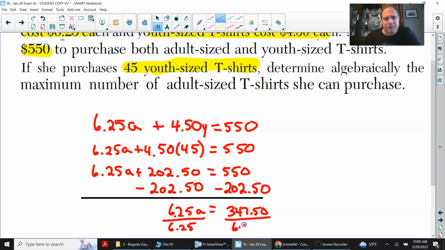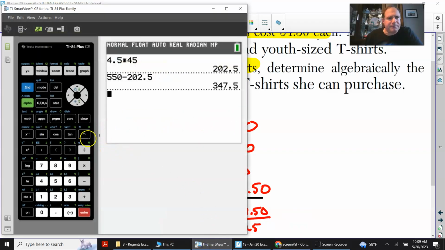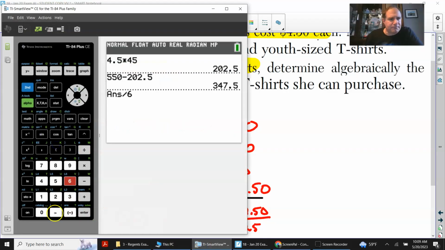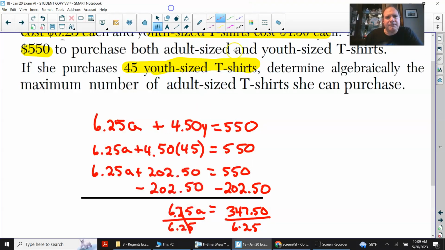You're solving for the amount of adult t-shirts that you could buy. And when you divide that, you're dividing it by 6.25. And you get 55.6. So a equals 55.6 adult size t-shirts.